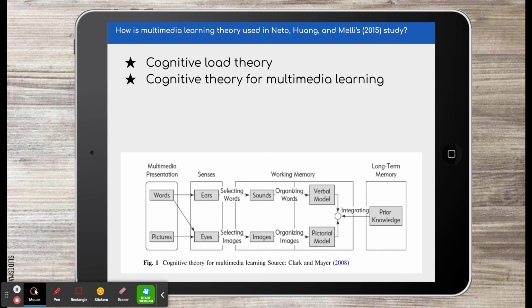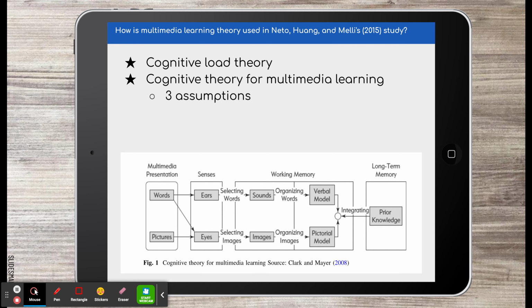Here effective learning occurs when you select cues, you organize your representations into working memory, and then you integrate that into long-term memory using prior knowledge, which to me all relates back to our three assumptions, right?